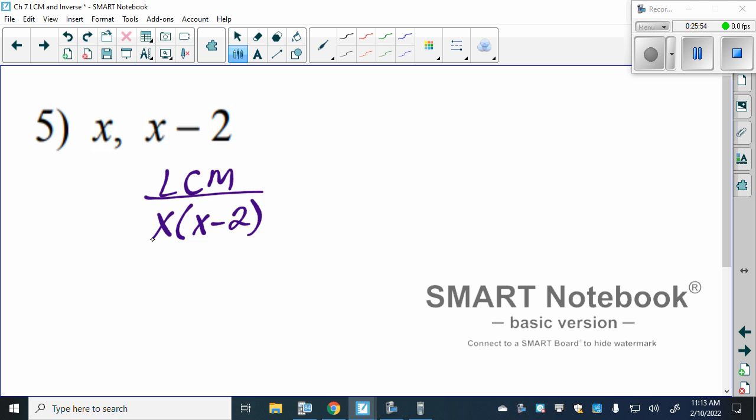As we're trying to make them both the same, well, to get the x and x minus 2 to be the same, because the x minus 2 is one term, they're stuck together, that is a whole term. So it and x are not the same. Well, I need an x and I need an x minus 2. That's it.